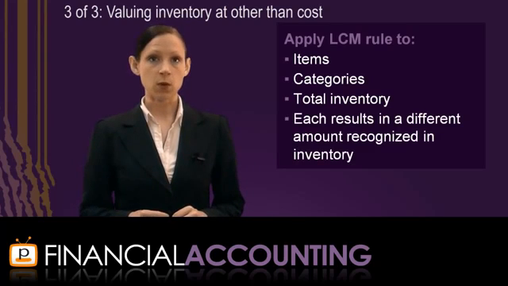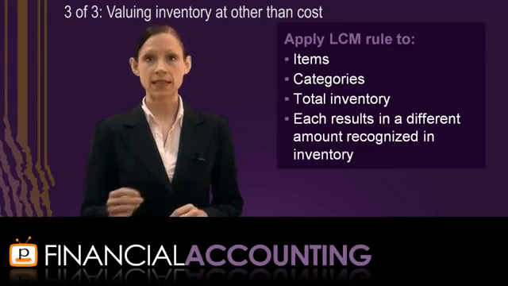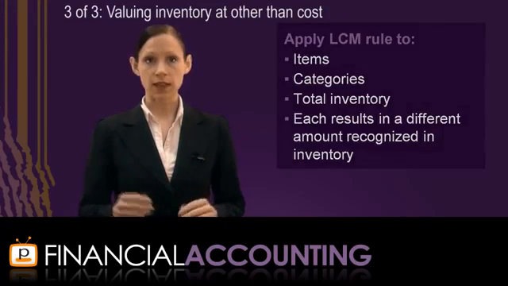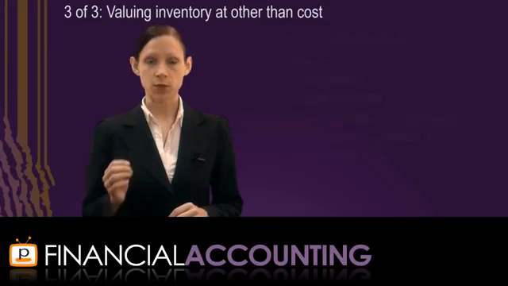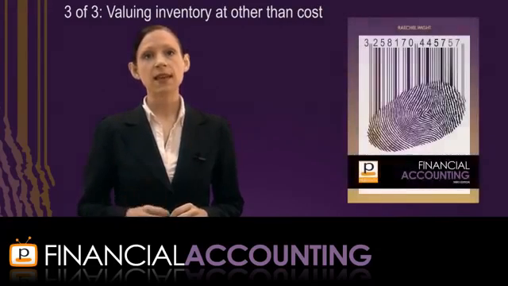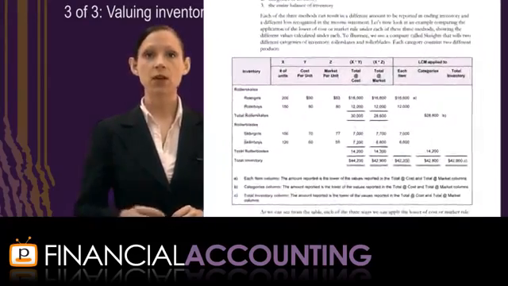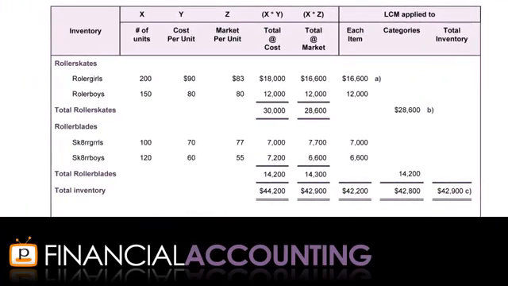Each of these methods results in a different amount to be recognised in ending inventory. I'm not going to go into the detail of how to calculate the lower of cost or market under each of the three approaches. Instead, I encourage you to study the chapter in your Padisco textbook, where there is a detailed example of calculating and then journalising the adjusting entry required to apply the lower of cost or market rule.